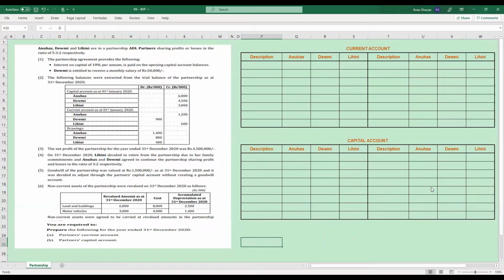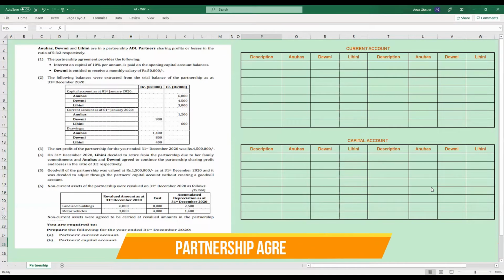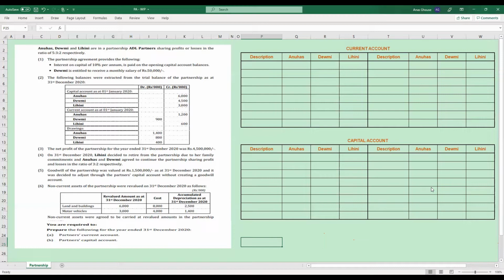Therefore, the profit should be shared between the partners based on agreed terms and conditions. If a partnership agreement exists, then all the partners should follow the agreement. Otherwise, partners should follow the partnership ordinance or the partnership act. So that is a normal procedure.